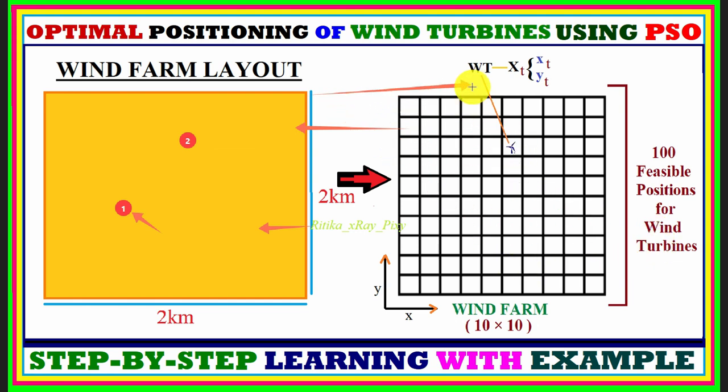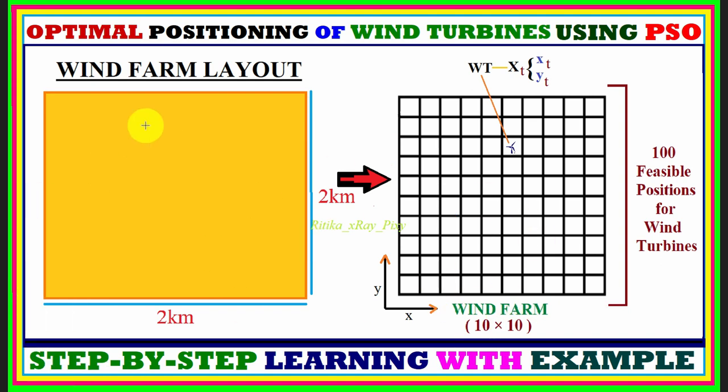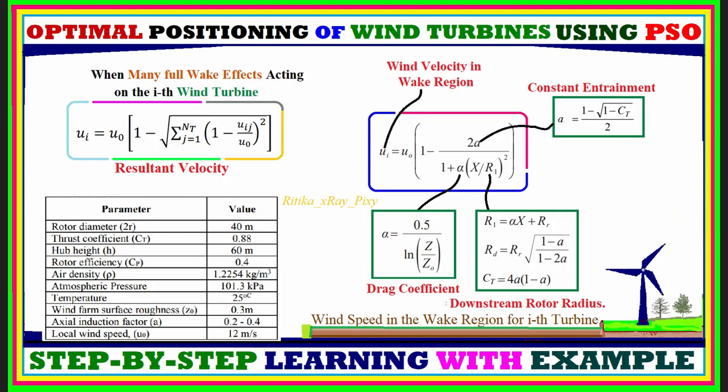For example, you can see here a wind turbine, and we will denote its position with X and Y. So we have 100 positions for the wind turbines in this area where we can plant different wind turbines. So now we have the area and we want to place the wind turbines, and the minimum distance is considered 200 meter between each wind turbine.